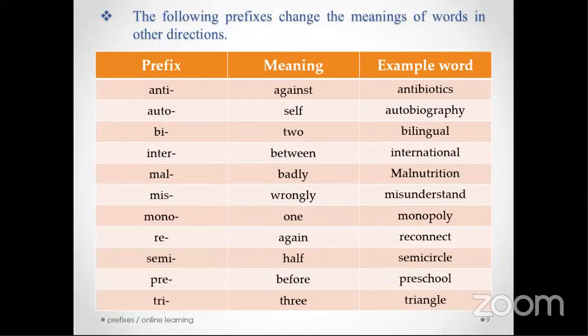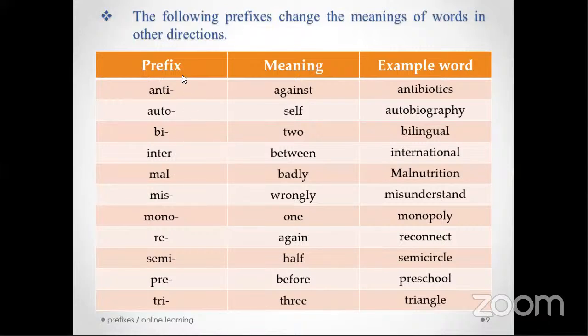So here, these prefixes change the meanings of words in other directions. They do not always give us the opposite meaning. වෙන වෙන විදිහට වෙන ආකාරවලට තමයි මේකේ prefix meanings change වෙන්නේ, right?